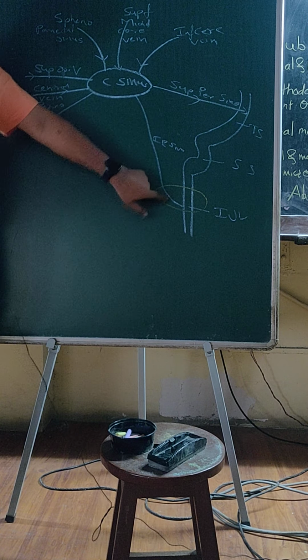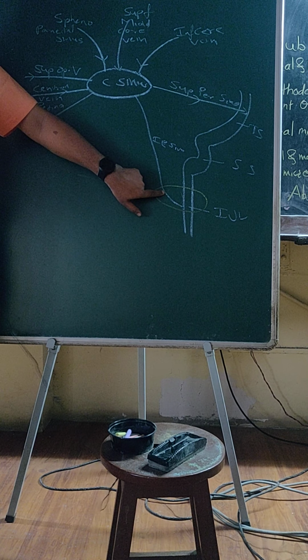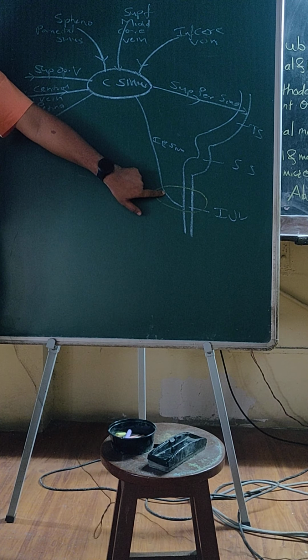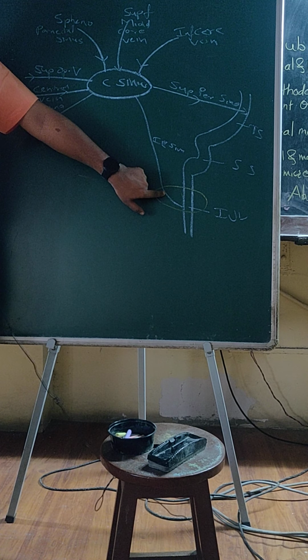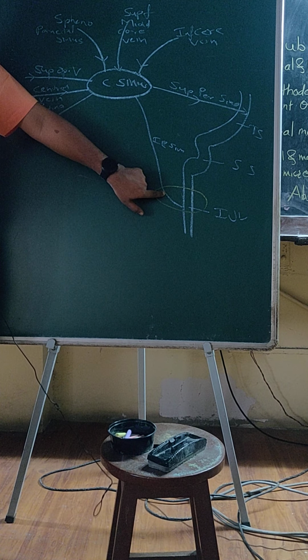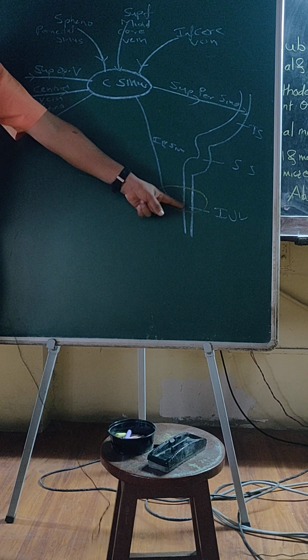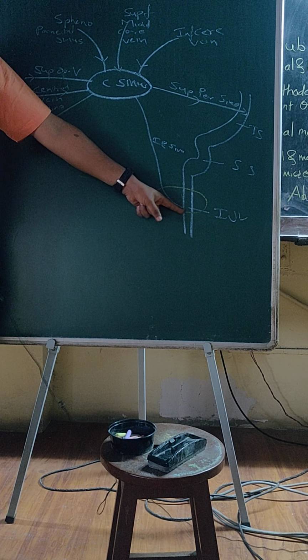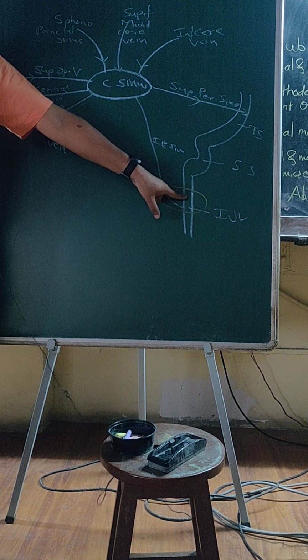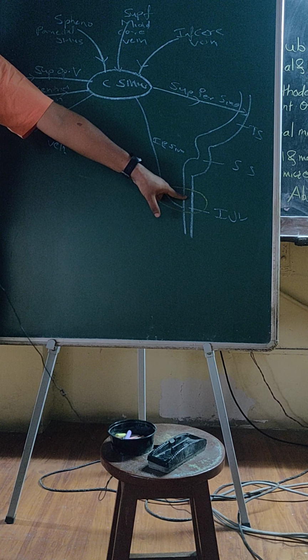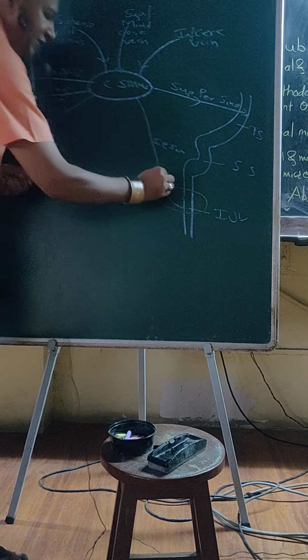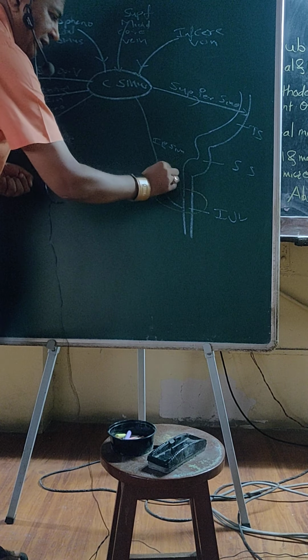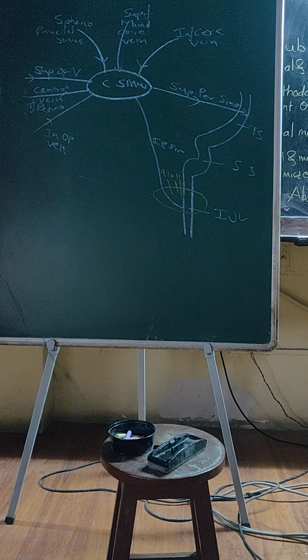In the jugular foramen, anterior most structure. Here you can understand it clearly. What is the anterior most structure in the jugular foramen? Inferior petrosal sinus. Because it is going towards the internal jugular vein to drain into it. What is the posterior most structure? Internal jugular vein. And what lie in between? 9, 10 and 11 cranial nerve.